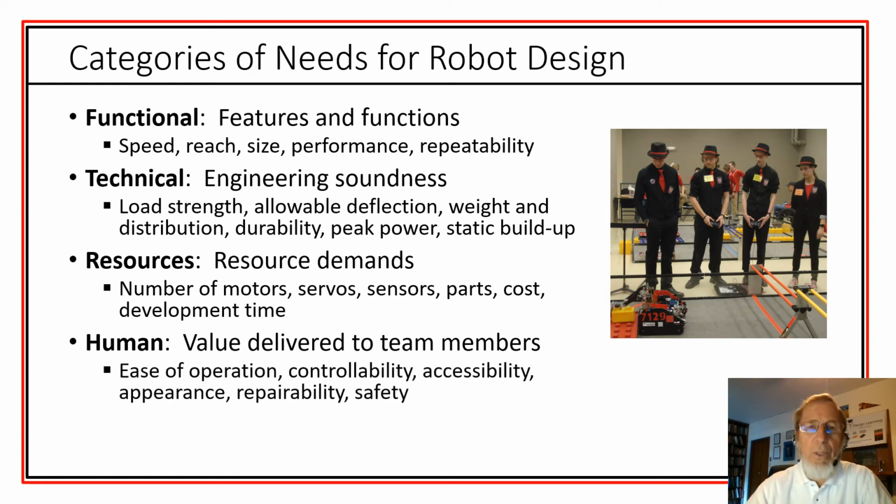We need to know what the needs are, how easily it can be used, controlled, its appearance, safety. There are human needs. So let's look at each of these in order. Notice that these needs span the game, but also other uses of the robot. So let's not forget that.